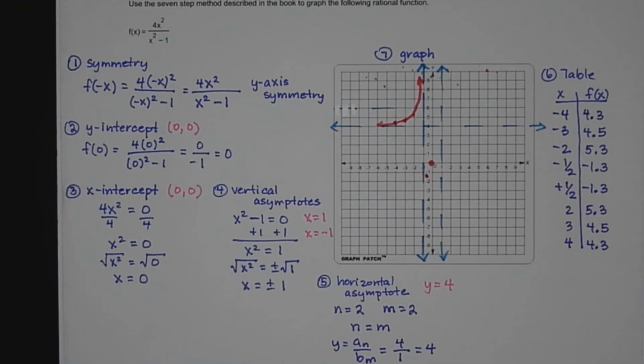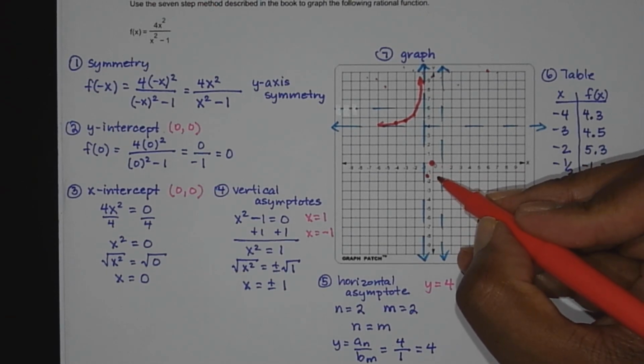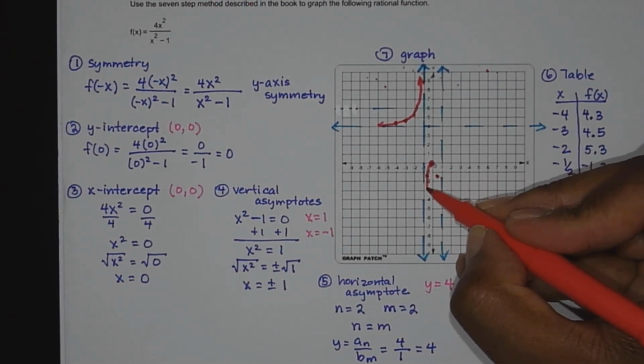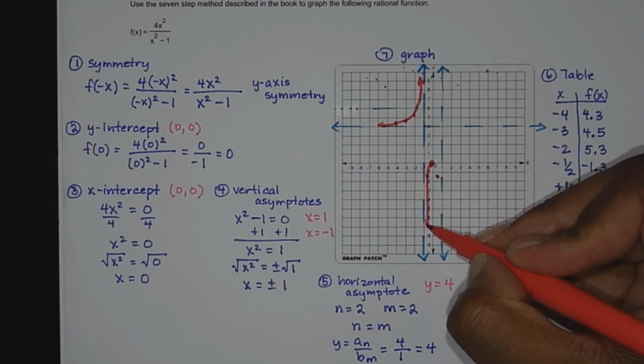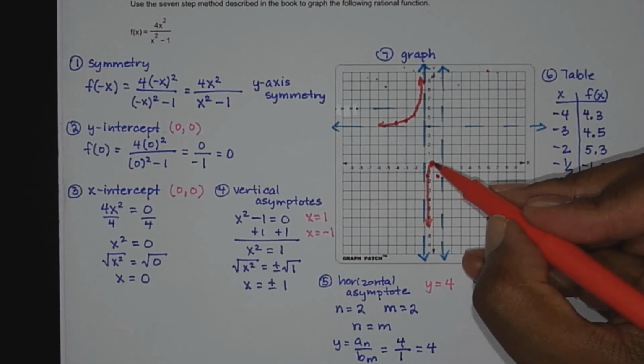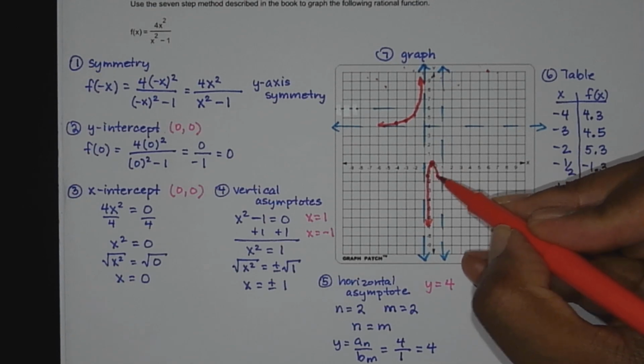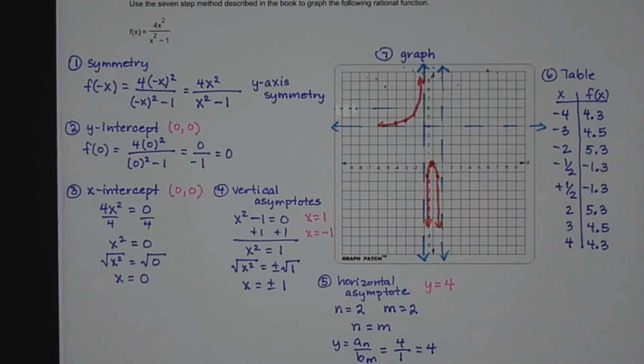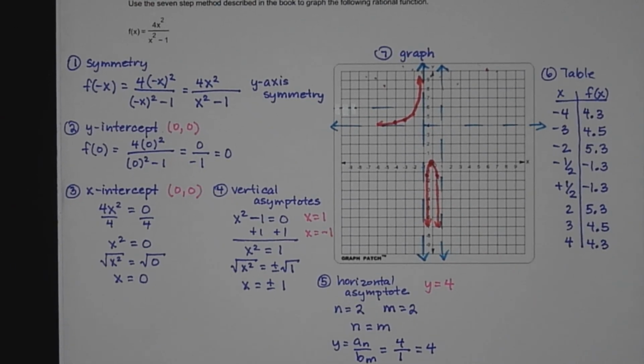Then 1/2, -1.3, same thing. What's going on in between is this. This end on the left of 0 will be coming down, approaching the first vertical asymptote, and this end to the right of 0 will be coming down, approaching the second vertical asymptote, like this.